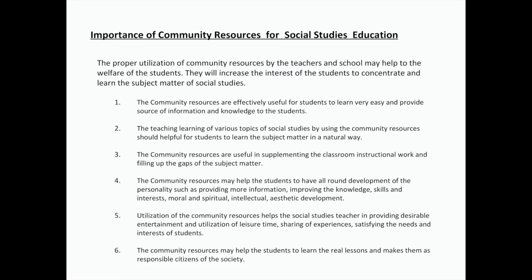The community resources are very useful for students to learn easily and provide a source of information and knowledge. Teaching and learning various topics of social studies using community resources helps students to learn the subject matter in a natural way.